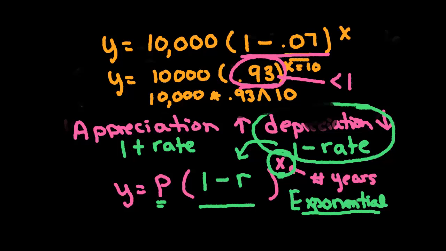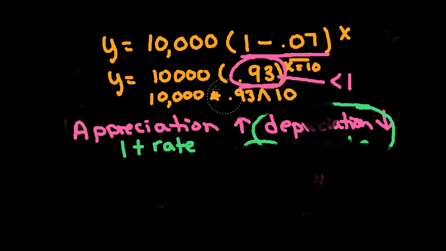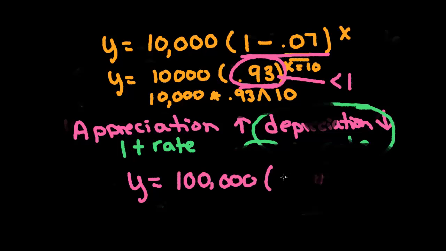If it was an appreciation problem, then we will see something where that value there is a number greater than 1. Say y equals, let's say we had a house for 100,000 and it appreciates at 3% per year, so it would be 1 plus 0.03, so its condensed version would be 1.03 raised to the x.